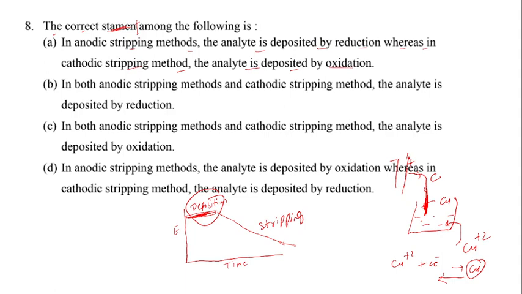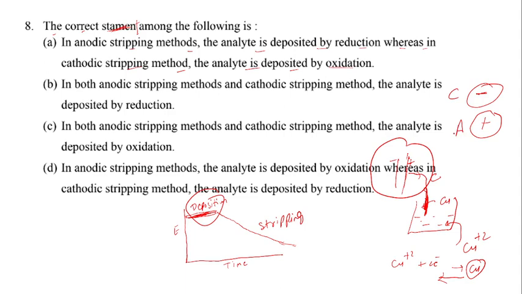So initially deposition is there. Here I also changed the terminal. Initially it was negative during deposition, but when it is stripping it is positive. When it was negative it is the cathode, and when it is positive it will be the anode.